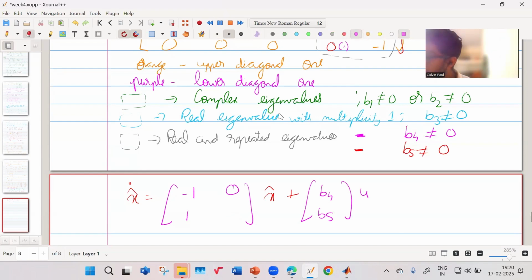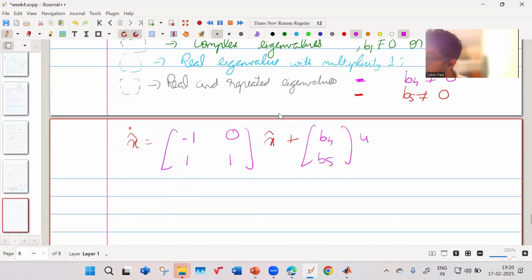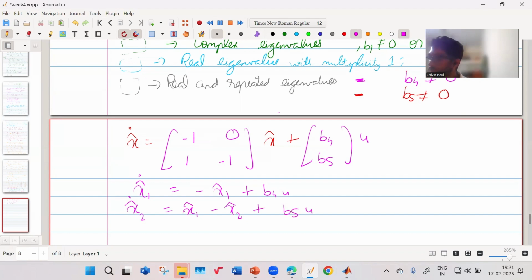So now if we look at this system, x1 hat dot is equal to minus x1 hat plus b4 into u, and x2 hat dot is equal to x1 hat minus x2 hat plus b5 into u.